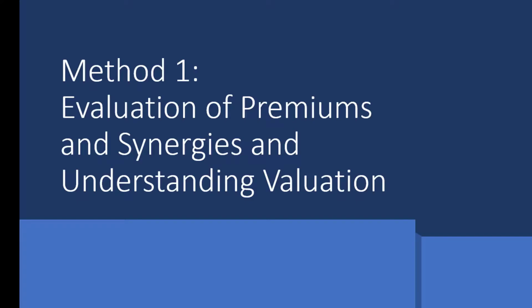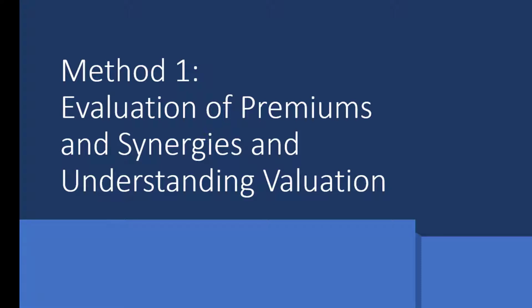And I talk about method number one, which is evaluation of synergies and premiums. So we're going to talk about this method. That's number one. Method number two is going to be accretion and dilution analysis. No DCF in either of these. Well, there is in the first one a little bit. No, method number 3 is going to be the implied value from a leveraged buyout.